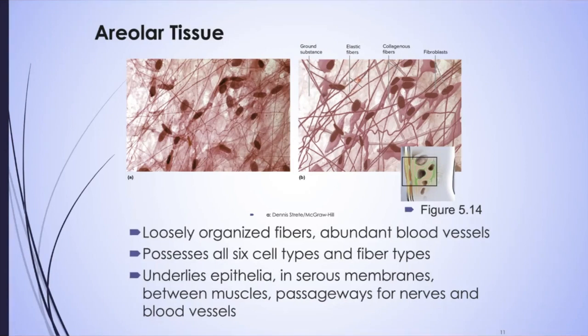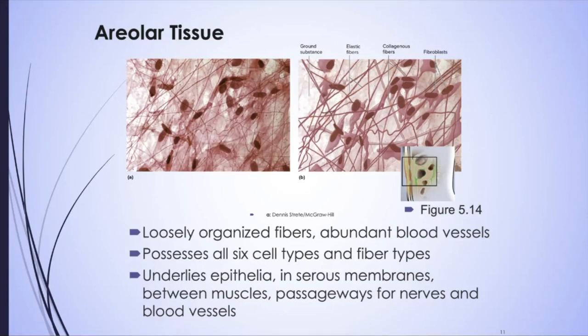You can see in this areolar tissue, you have elastic fibers, right? You have collagenous fibers, the thicker one. You have these fibroblasts. The fibroblasts are the cells that are going to blast out and actually make those fibers.